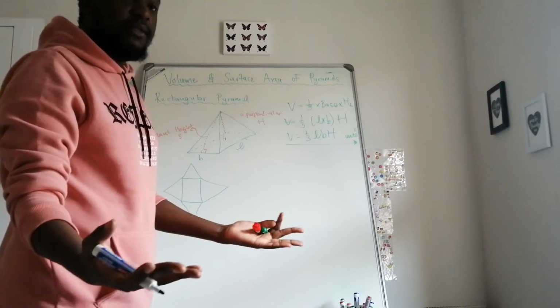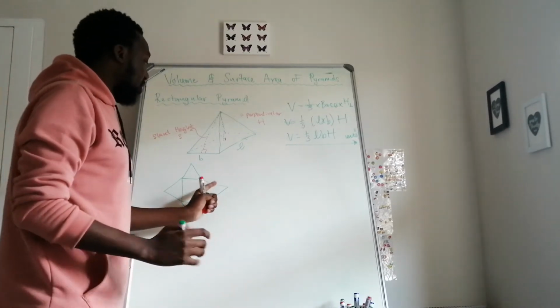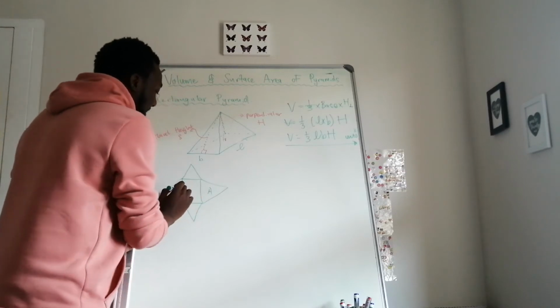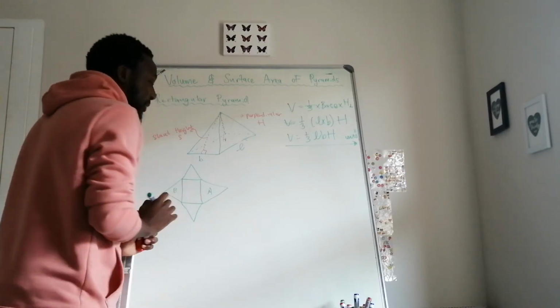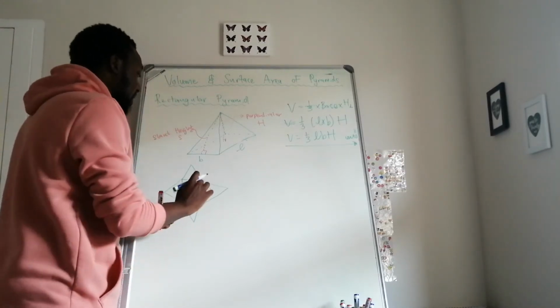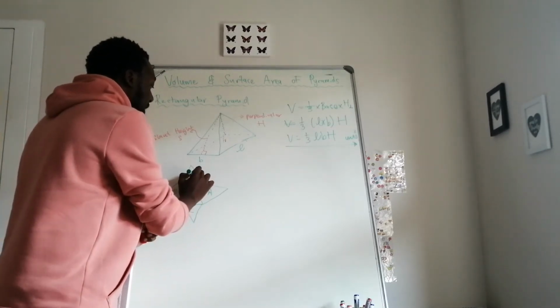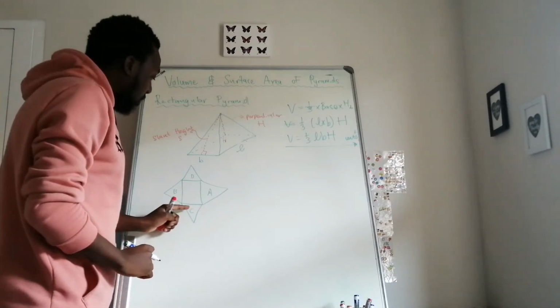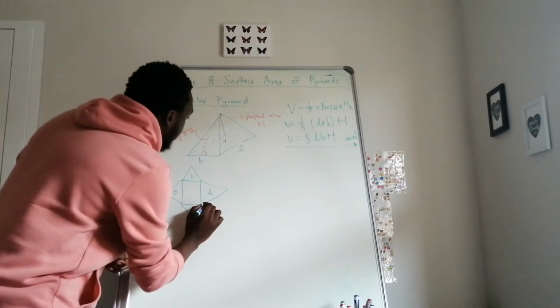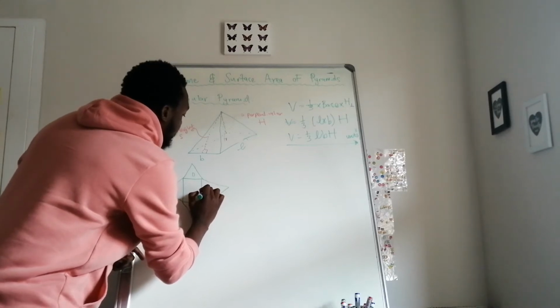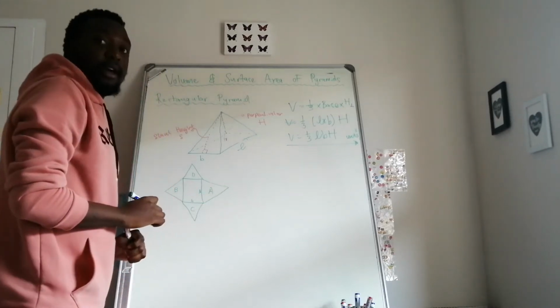Before we go forward, note that triangle A is the same as triangle B, and triangle C down here is the same as triangle D. Remember, this is the breadth and this is the length.